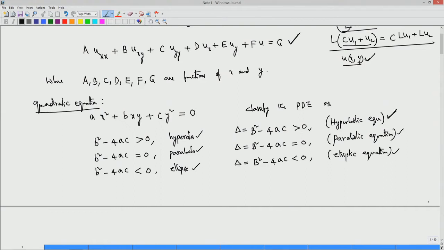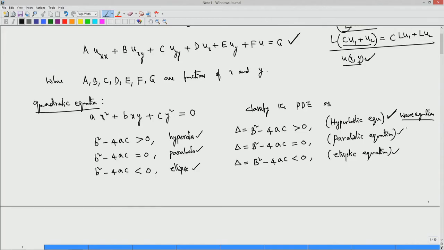In that case, if we look for new independent variables, some xi and eta, instead of the independent variables x, y, and do the change of variables, the equation becomes similar to a wave equation. You get the wave equation type, where the second order terms look like the wave equation. So, that is what a hyperbolic equation is.